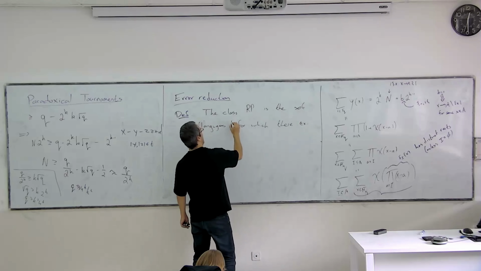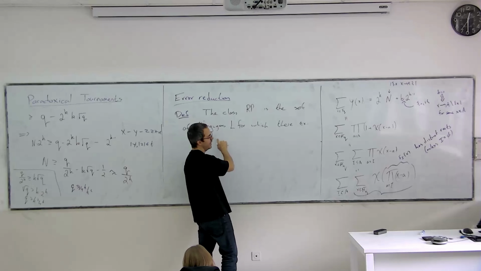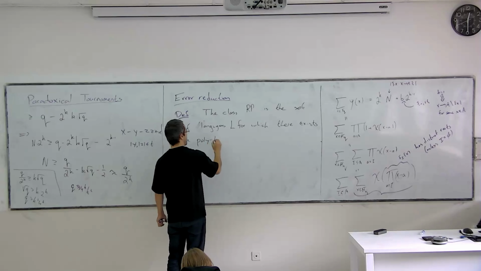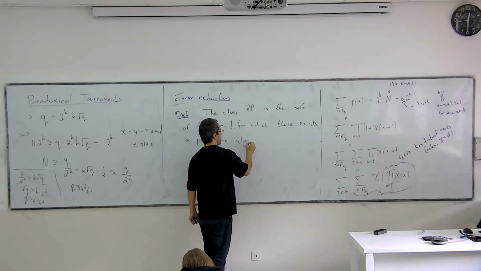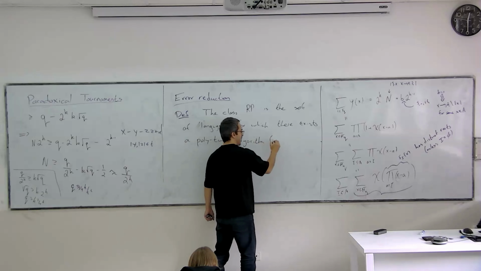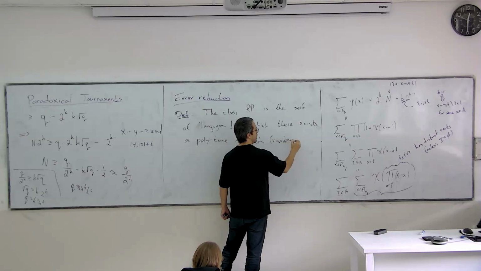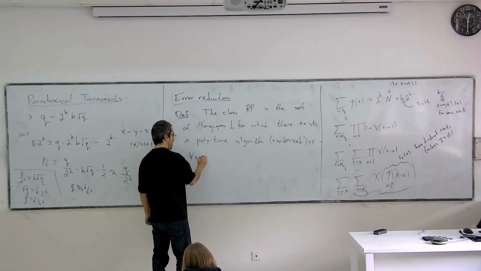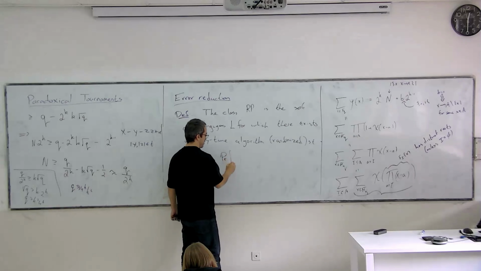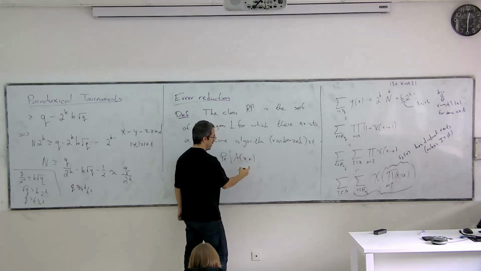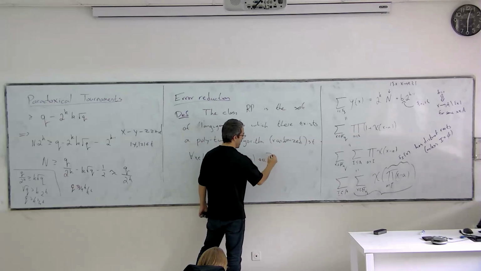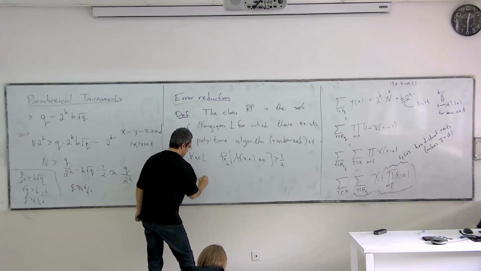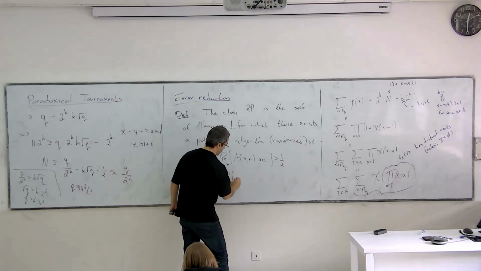So let L be a language in the class, for which there exists a polynomial time randomized, so probabilistic, algorithm such that for any x which is in the language, the algorithm given randomness R will accept with probability at least 1/2. And for any x not in the language, the algorithm will reject.